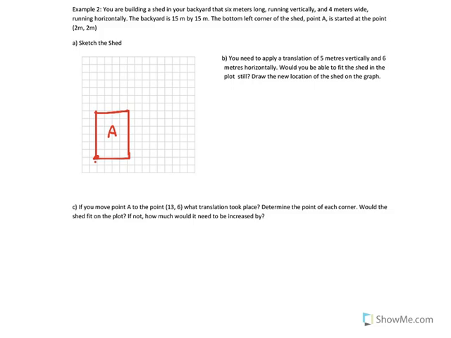We're going to now apply a translation of 5 meters vertically and 6 meters horizontally, and would we be able to fit that shed in. So we're going to go each vertex. x is going to increase by 6, and y is going to increase by 5. So 6 right and 5 up.